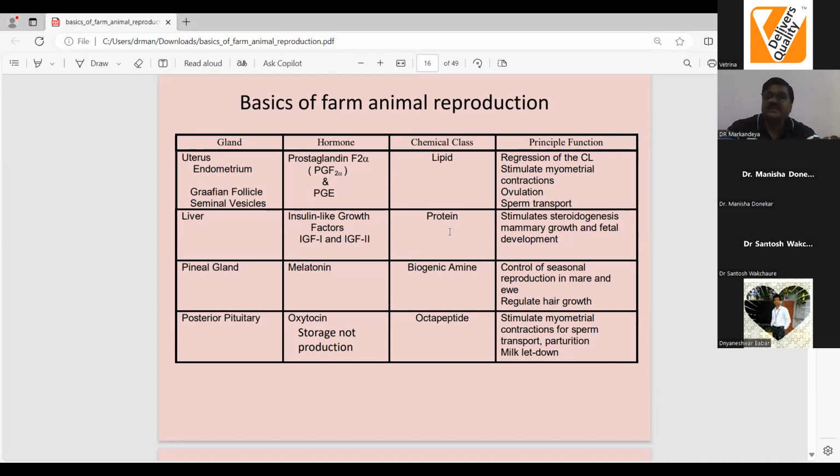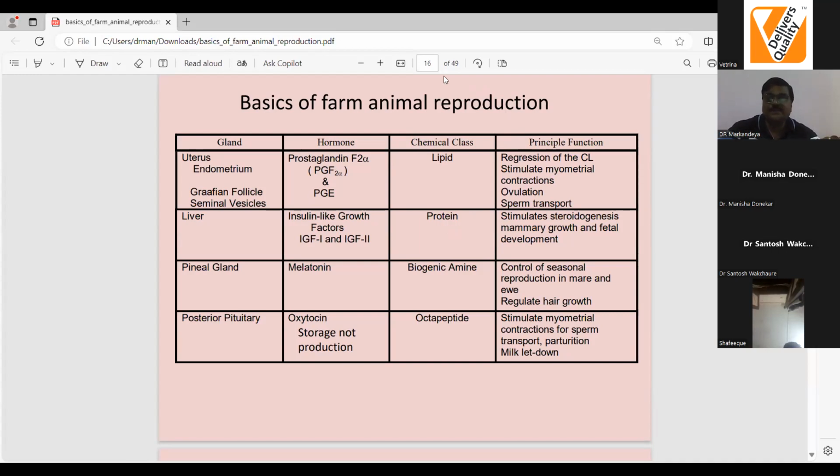It's a lipid in its structure, but this is required for luteolysis. It causes luteolysis whenever the animal is empty. When the uterus is healthy and empty, PGF2 alpha will cause luteolysis.